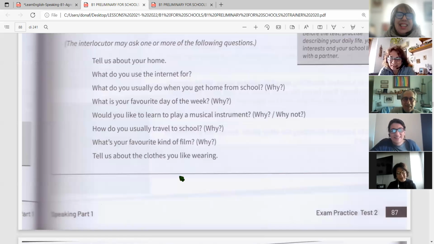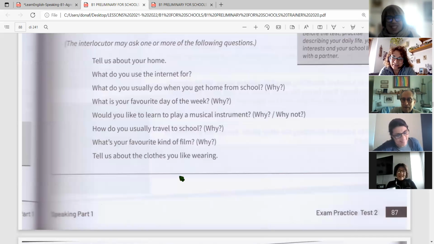Yes. Okay. So what is your favorite music, Annalisa? Italian. Boomer songs, yes, of course. Guccini.